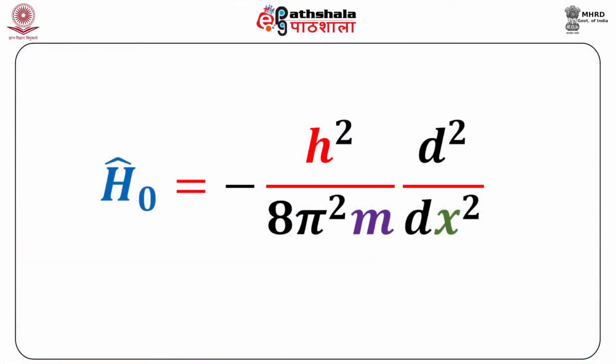Now, if we have to solve the Schrodinger equation, we have to first of all find out what will be the unperturbed part of the problem, and then we will apply the successive corrections. The unperturbed Hamiltonian H0 cap for this box would be minus h square upon 8 pi square m d2 by dx2.